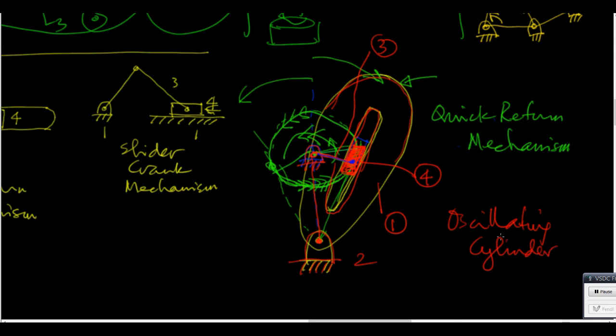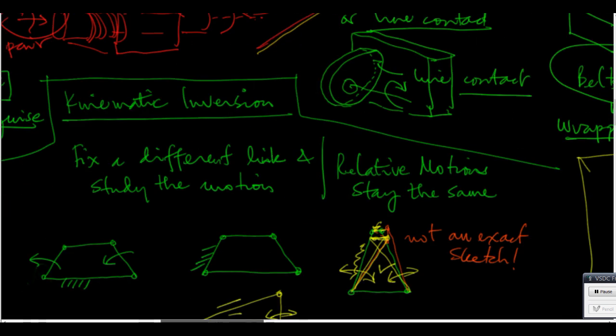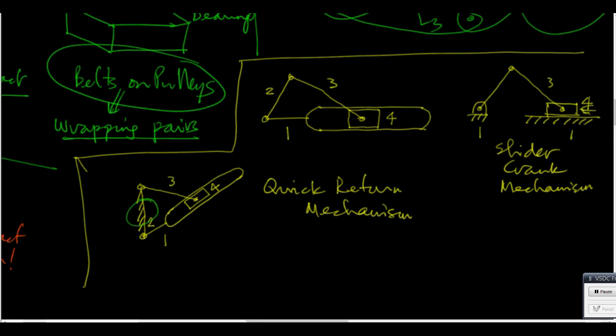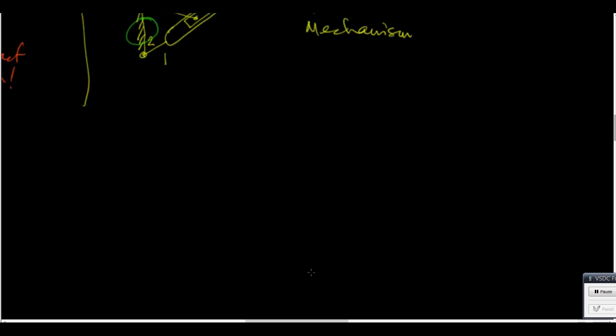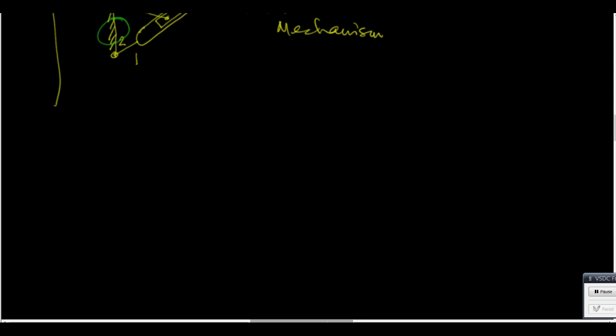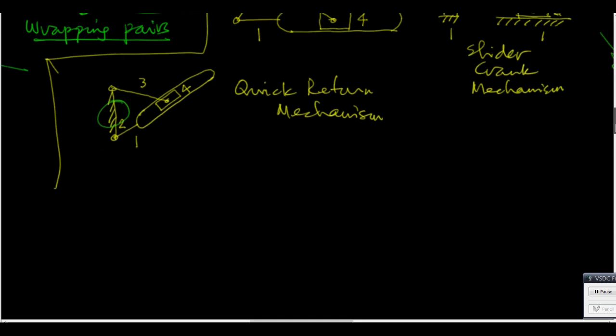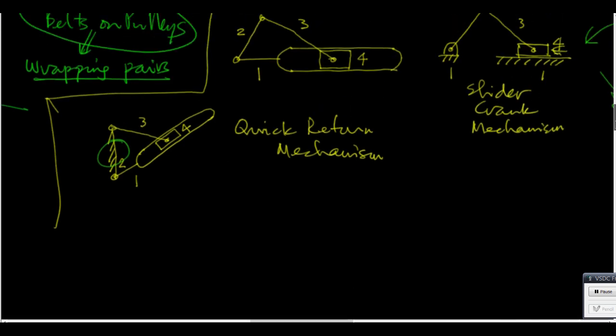And now I will do the fourth inversion, which is the water pump or hand pump mechanism. And the hand pump mechanism works like this. How does this work? In the hand pump mechanism, we fix 4. Okay, so we will fix 4. Let me use something greenish, lightish over here. So 4.